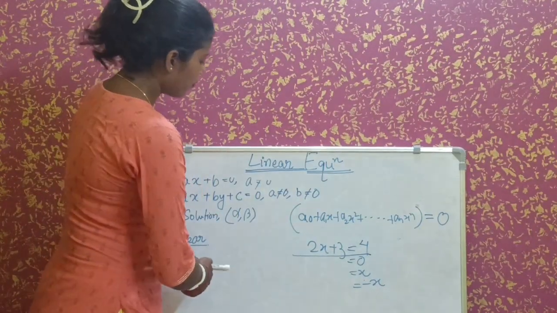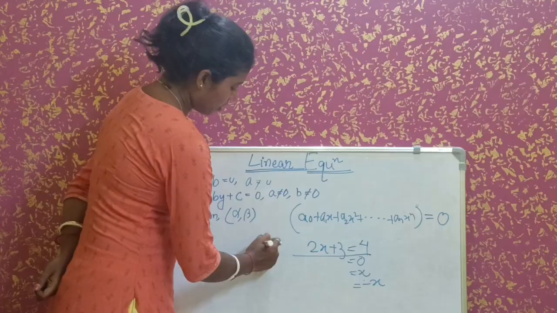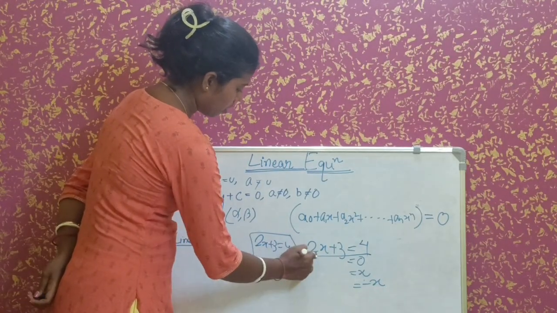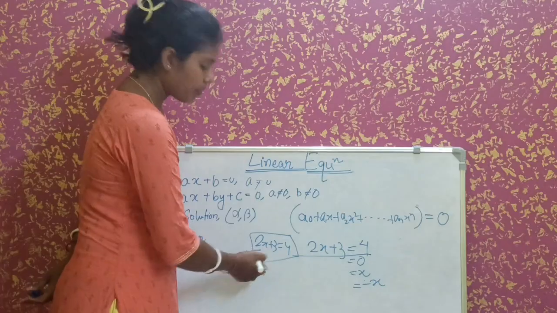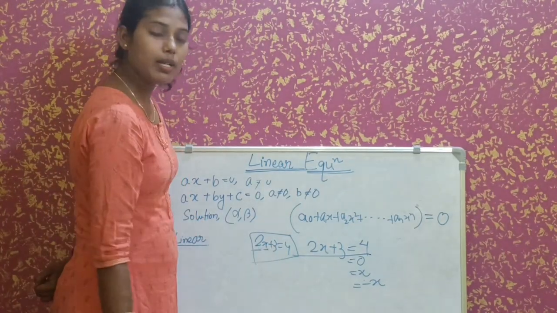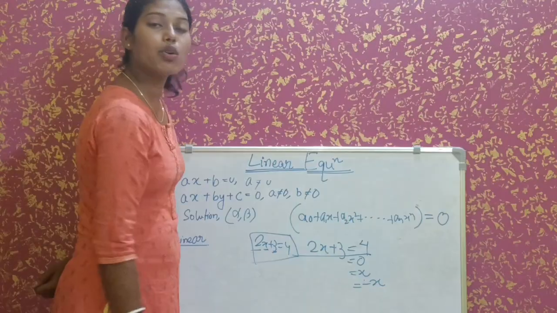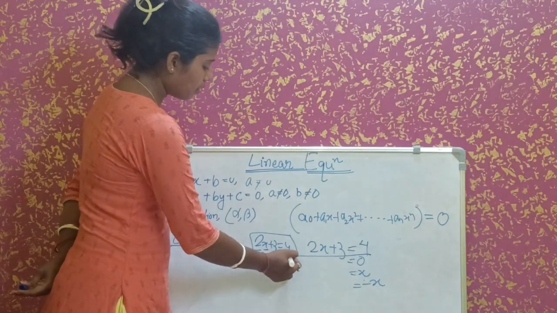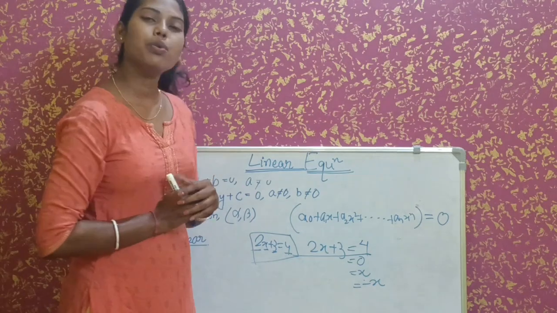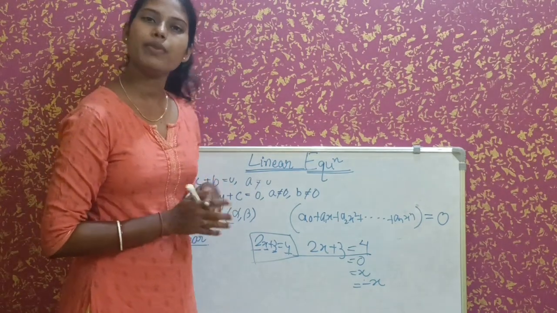Now from the equation 2x plus 3 equals 4, we know that 2 is the coefficient, x is the variable, 3 is the constant and 4 is the value of the expression. From here we can easily calculate the value of x.